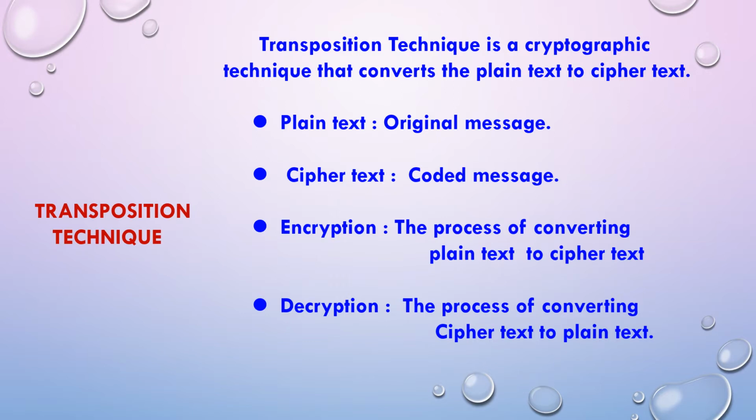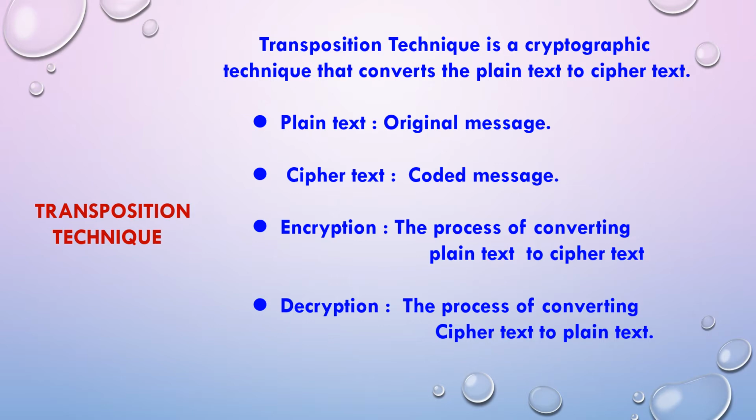Now let us have a look at the important factors of encryption technique. The first one is plain text. This is the message that is to be sent from sender to receiver. This may be a message or data or information, created by the sender and sent to the receiver.